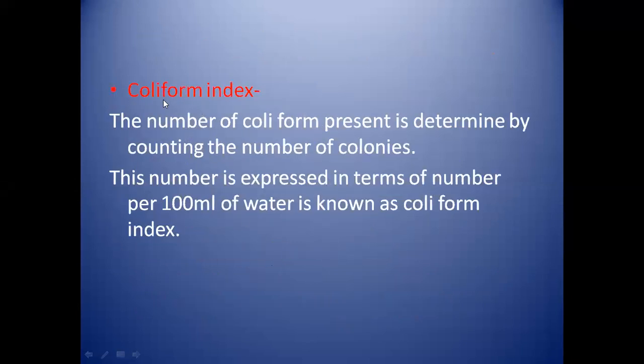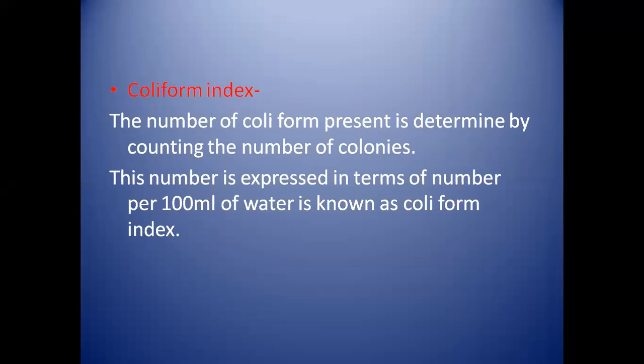Now see, the first test is the coliform index, that is, the number of coliforms present is determined by counting the number of colonies. Colonies means the group of that bacteria. In the coliform index, we can find out the group of that bacteria in the water.